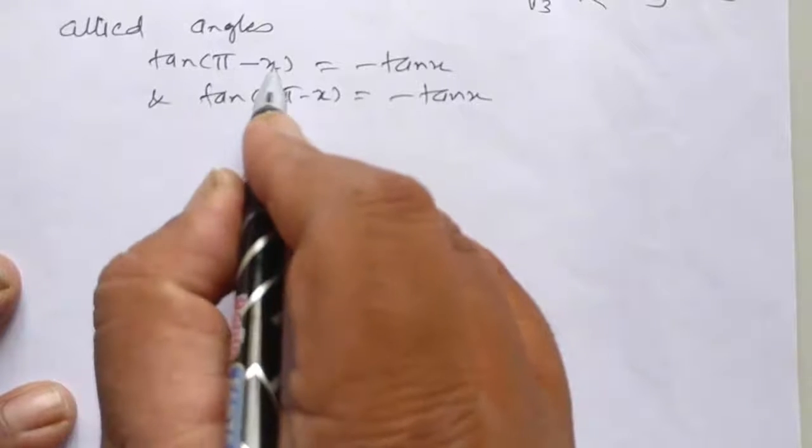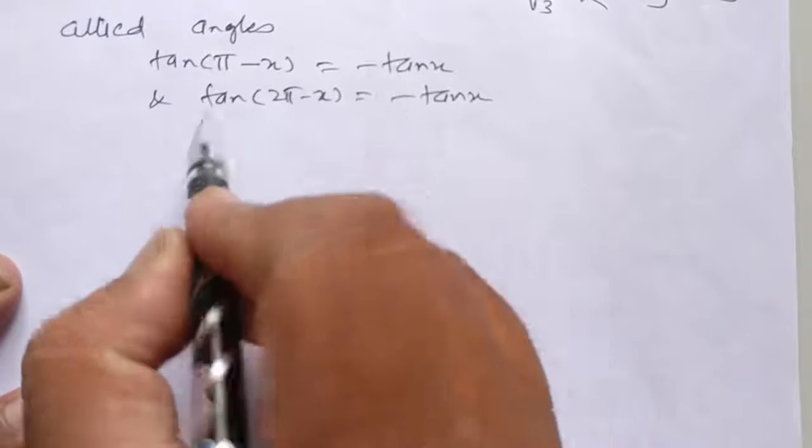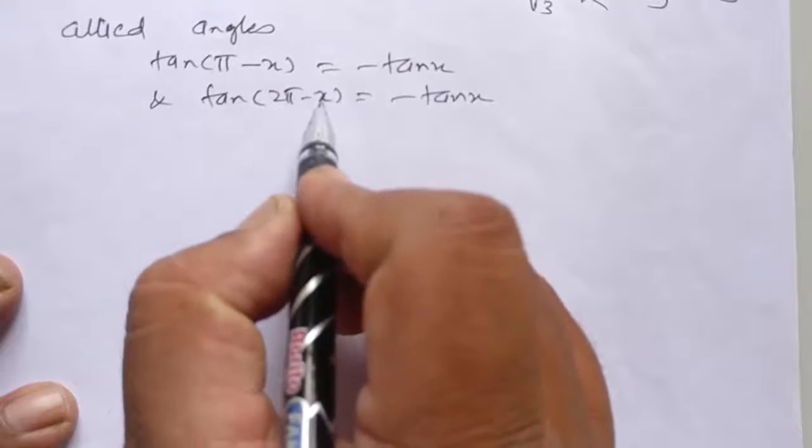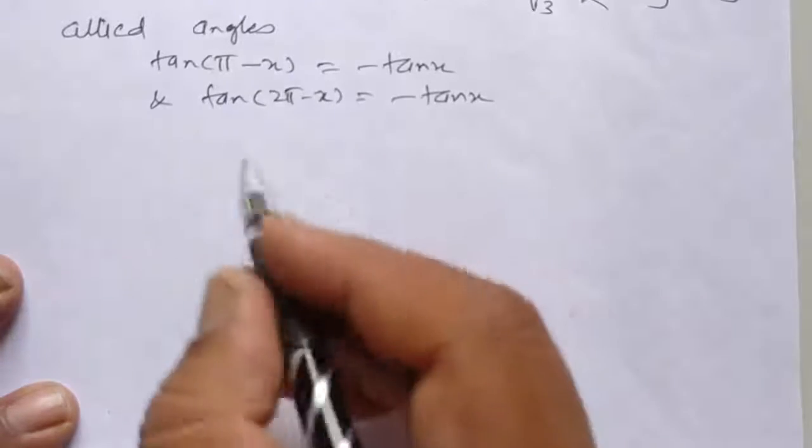Tan of pi minus x is in the second quadrant, where tan is negative. Tan of 2 pi minus x is in the fourth quadrant, where tan is negative.